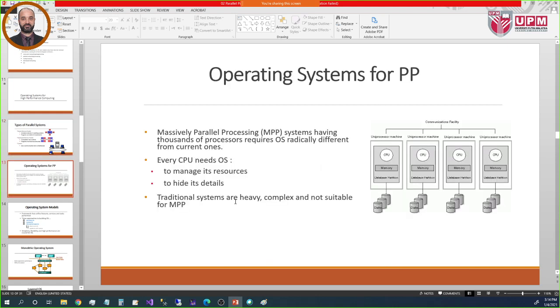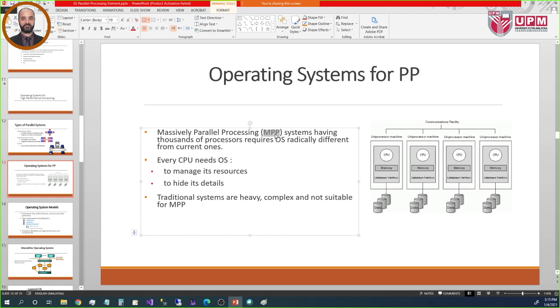That's why we came to this slide. Operating systems for parallel processing. One well-known parallel processing operating system type is massively parallel processing, MPP. This actually reflects the architecture of the system. MPP systems having thousands of processors require an operating system radically different from the current ones that we know.